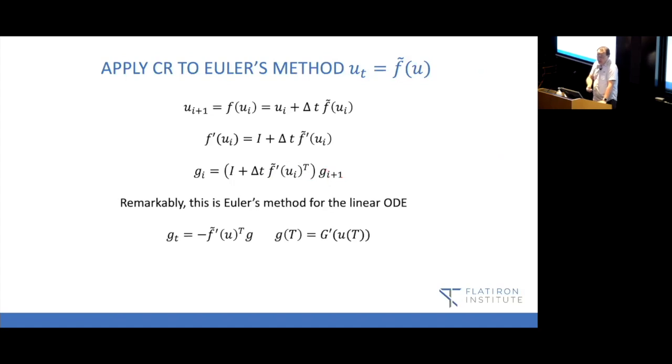Now, the remarkable fact is that this is actually the same as applying Euler's method for the linear ODE given here, with an initial solution at the final time given by g prime of u_t at the final time, and the f is transposed, and then there's a minus sign.